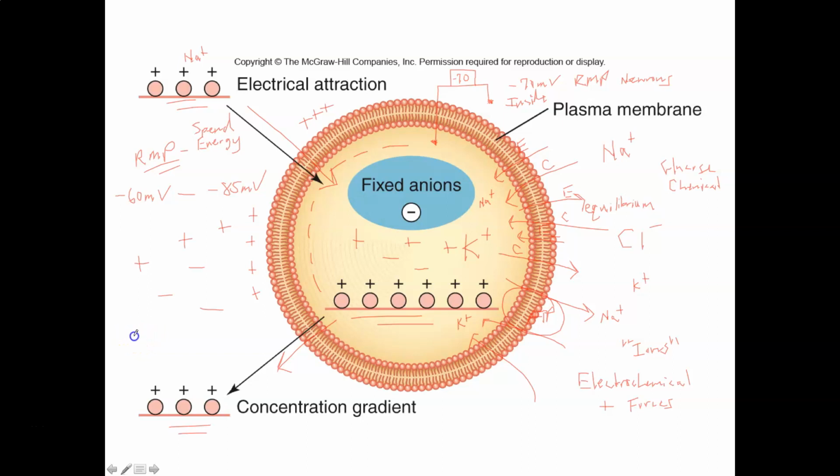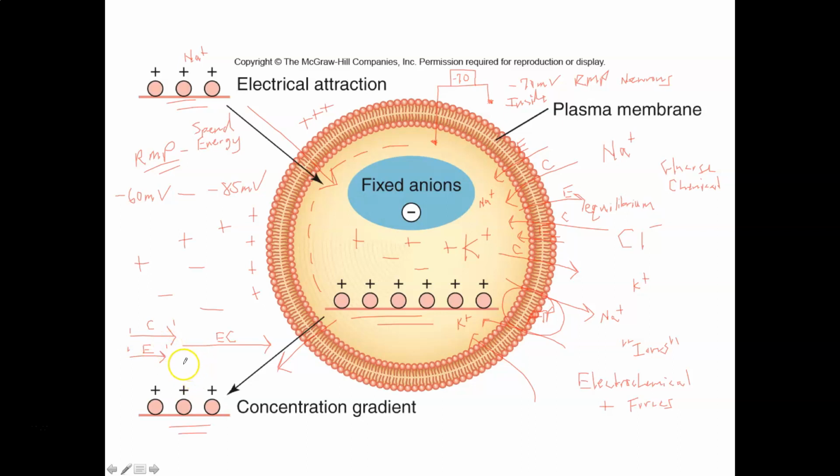So for example, if you have sodium concentration gradient and sodium electrical gradient, both directed towards the inside of the cell, we could add those two vectors together to come up with an electrochemical force. And notice the arrow gets bigger because you're adding those two forces together.